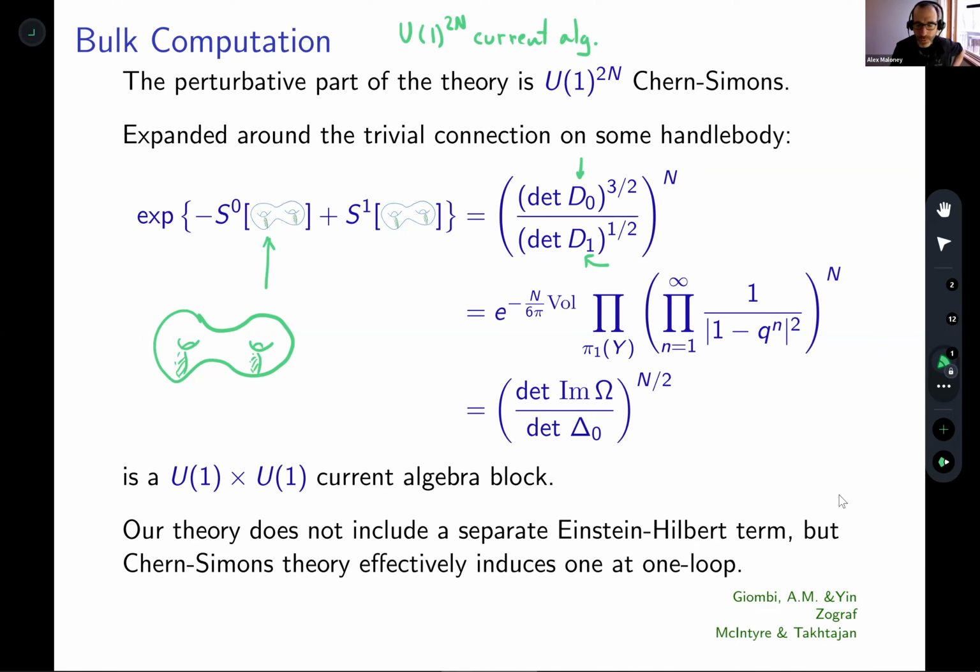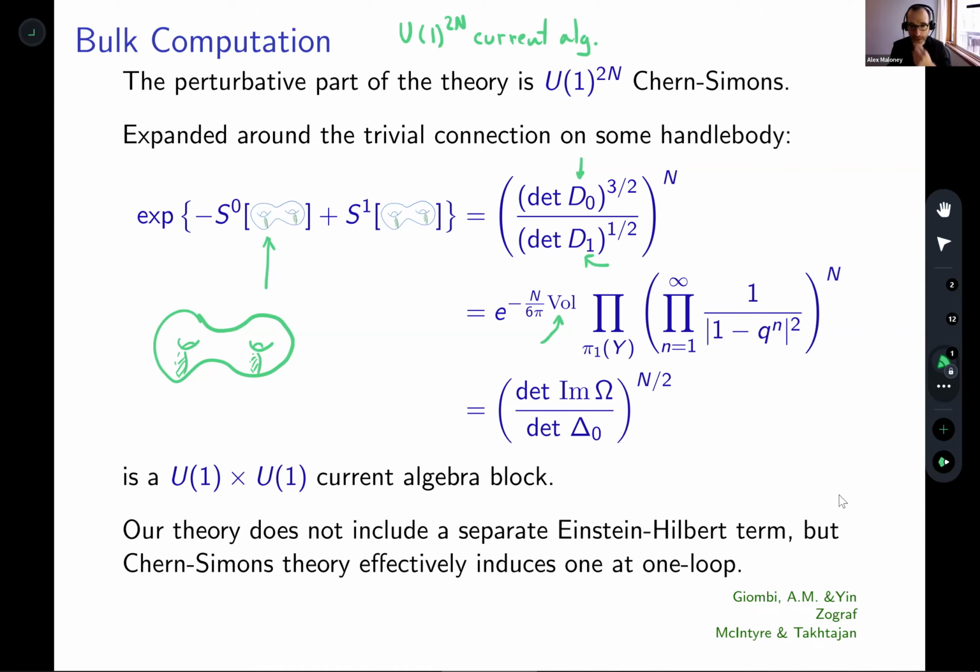And what is the answer? Well, I've written the answer for you here. There's just a couple of details that I want to mention. So, for example, it includes the regularized volume of my three-dimensional bulk. You might ask, why does it include that volume? I didn't have an Einstein-Hilbert term in my action.